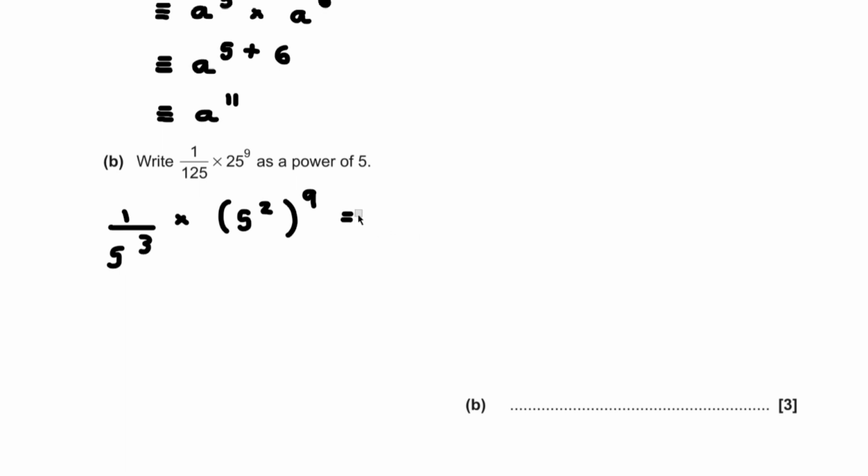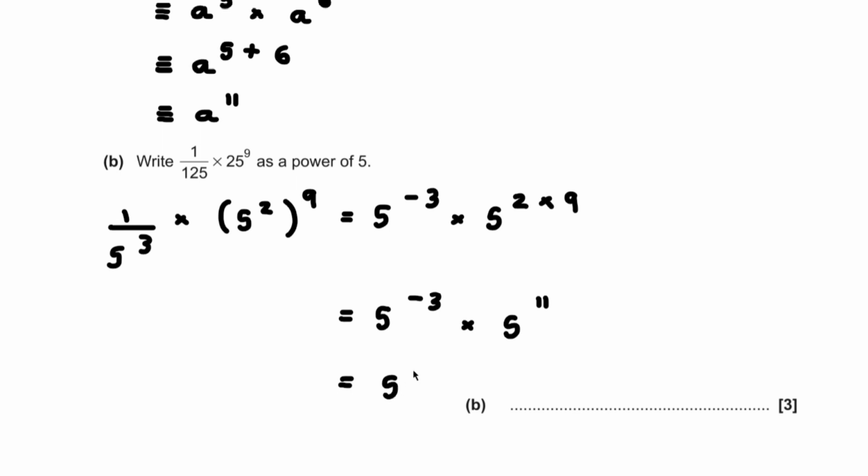So I've got 5 to the negative 3 multiplied by 5 to the 2 times 9, which is 5 to the 18. And if I add the powers, I have 5 to the negative 3 plus 18.